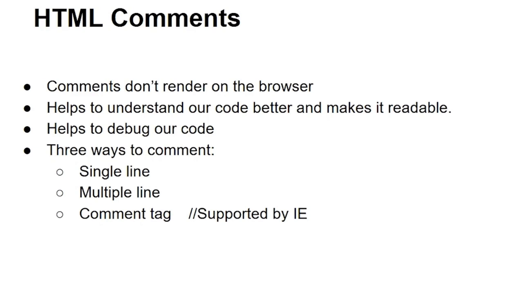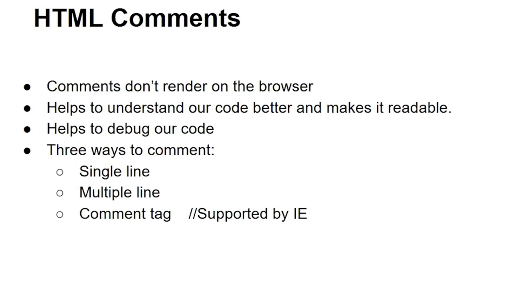There are different ways in HTML with which you can write comments. The first is single line, then there is multiple line. A single line comment is, let's suppose you have written some paragraph tag and you don't want it to be displayed, so it's a single line paragraph.